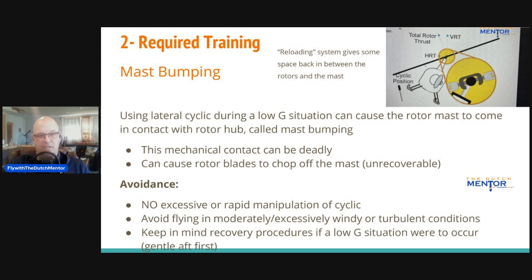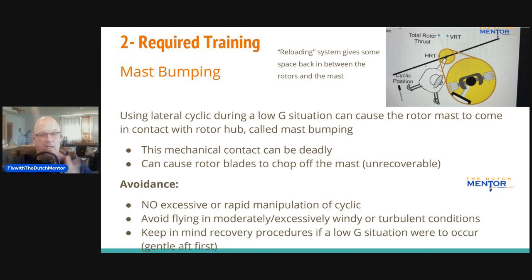But if for some reason you get into a low speed event, like even in vortex ring state or settling with power, we don't want to ever yank the cyclic forward or do a pushover, which can cause that phenomenon of the body being separated from the rotor blade itself, which could cause mast bumping. In other words, reaching its outer limit in the underslung, and when it rotates to the back, it could actually take out the tail.